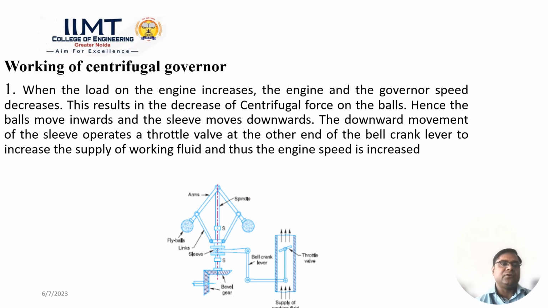So the first condition, when the load on the engine increases, the engine and the governor speed decrease, and if you want to maintain the mean equilibrium of the speed, you need to increase the fuel supply inside the engine. So by increasing the fuel supply, you can maintain the mean speed of the engine.